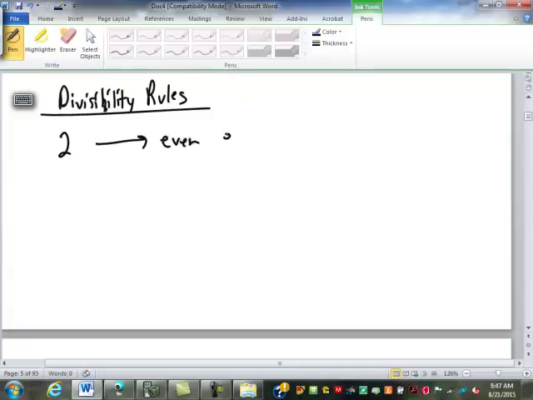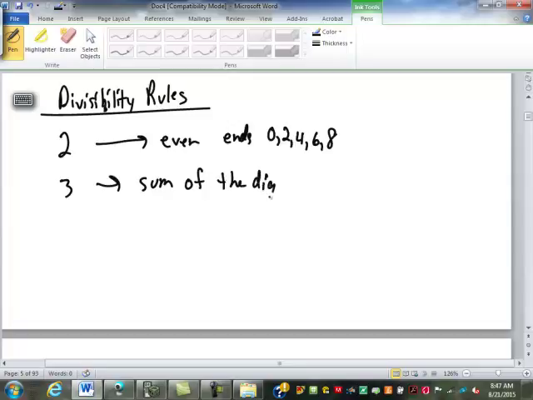In other words, it ends in 0, 2, 4, 6, or 8. You know how to tell if a number is divisible by 3? Nope. You know what the word sum means? Sum means add them up, right? Sum of the digits means you add up the digits.